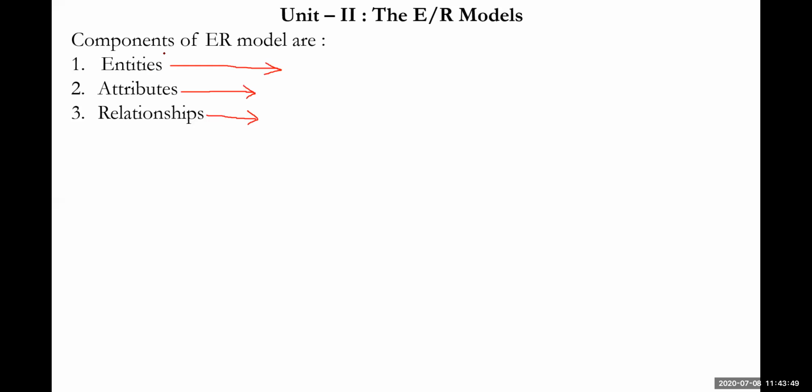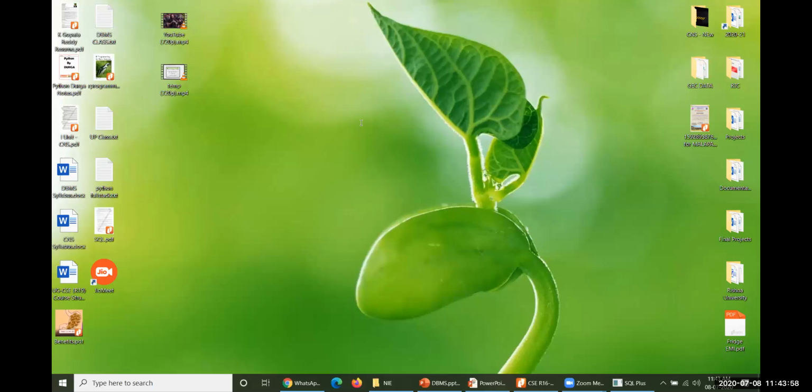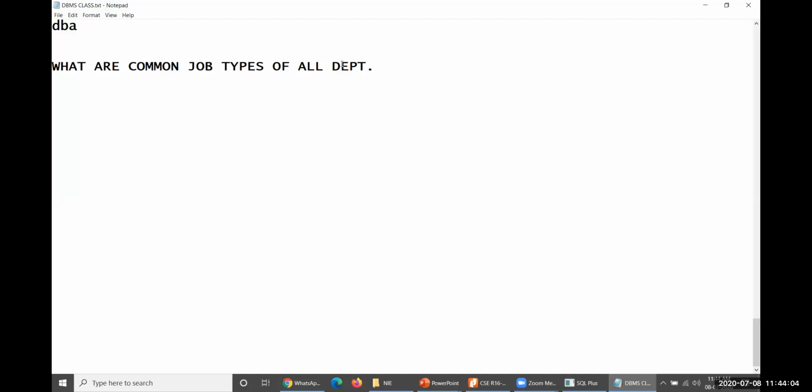Let us consider what different kinds of entities are available. Before that, let me define what an entity is. Let me write it in Notepad. An entity just means any object which exists in the real world.